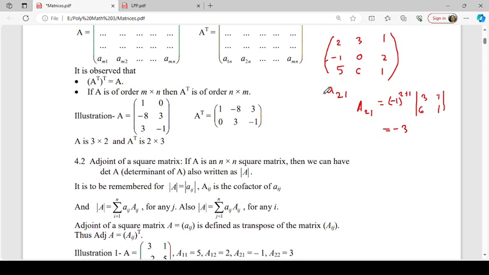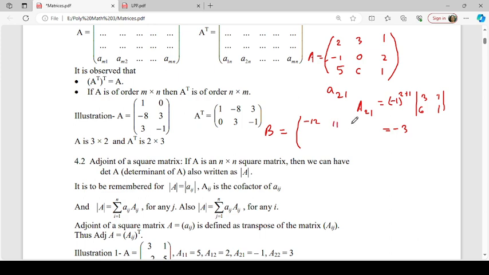So in this example, if it is A, then we write the cofactor matrix as follows. For A11 the cofactor is 0 into 1 minus 6 into 2, it is minus 12. For A12 it is minus 1 minus 10, it is minus 11, plus 11.